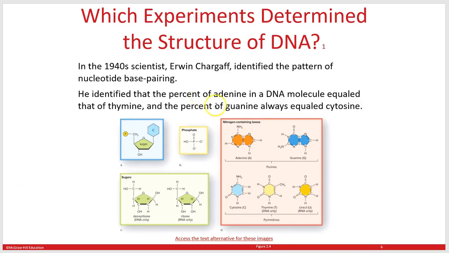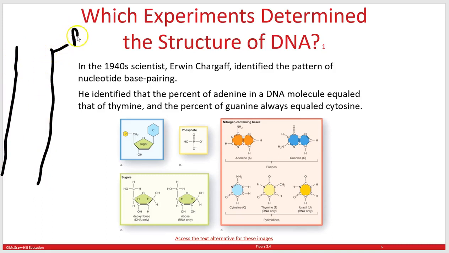In the 1940s, Erwin Chargaff identified the pattern of nucleotide base pairing. DNA has two strands. This strand here we call the backbone, and between the backbone are the nucleotides, the A's, the T's, the C's, and the G's.